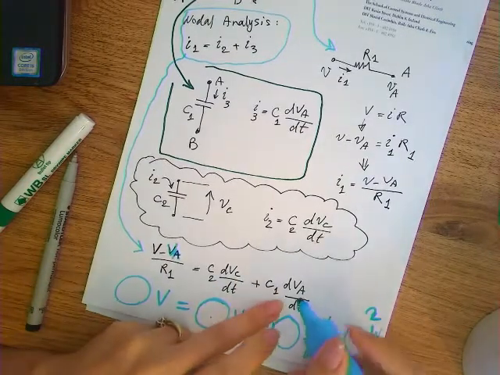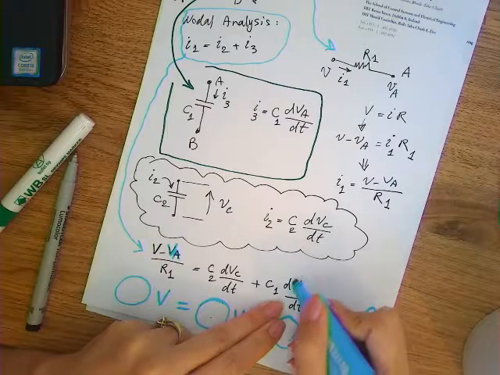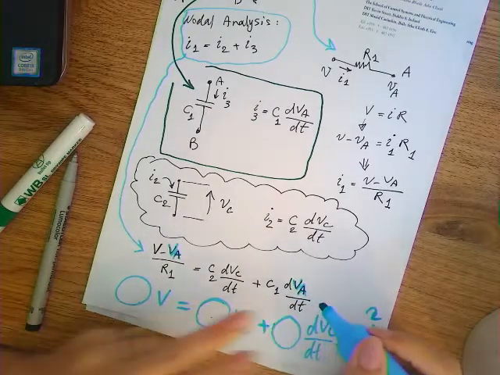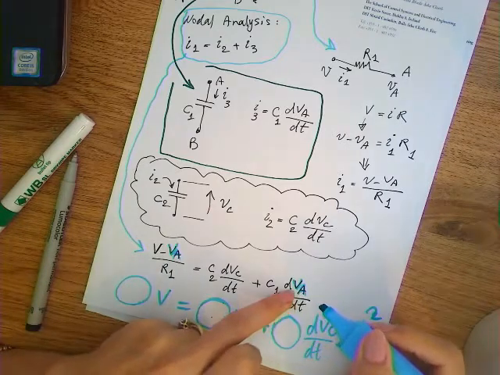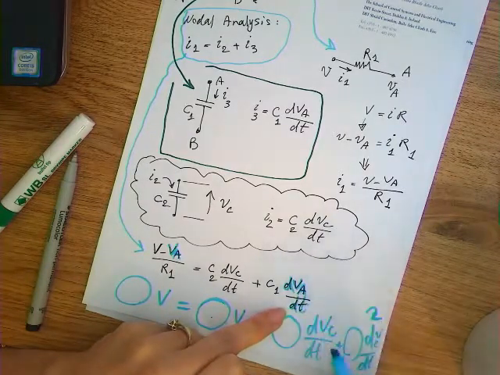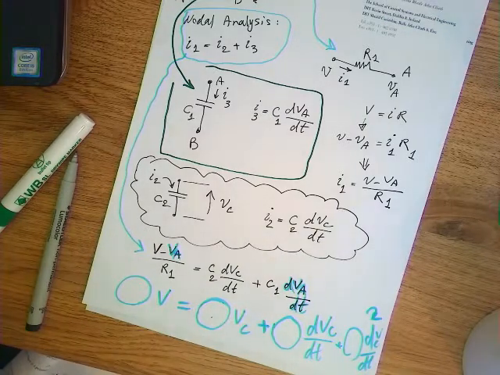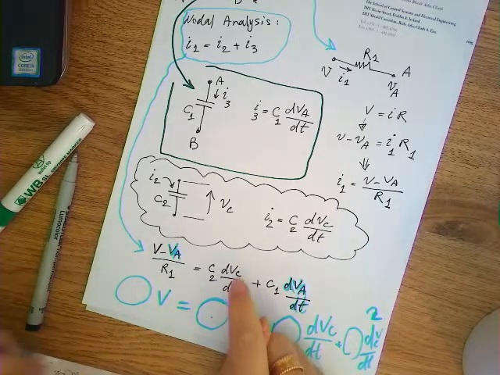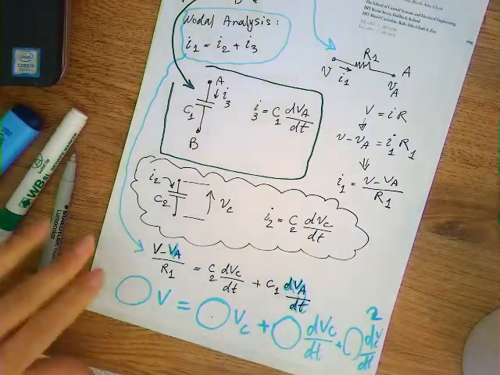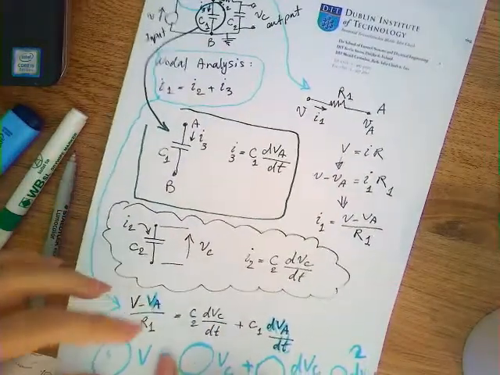The other one here, I have the derivative of VA. I don't like it this way. So I want to replace VA and the derivative of VA over dt with an equivalent that has VC or some order of VC inside. Now let's continue and see how we can get to that point.